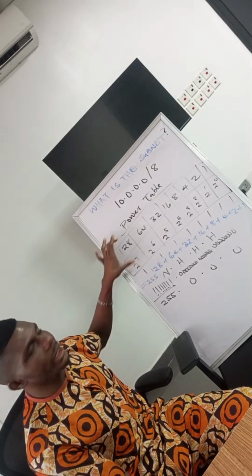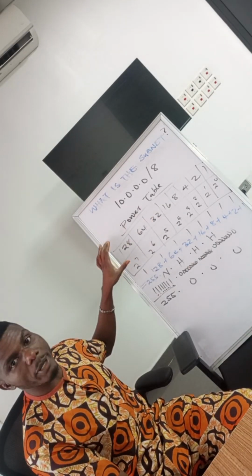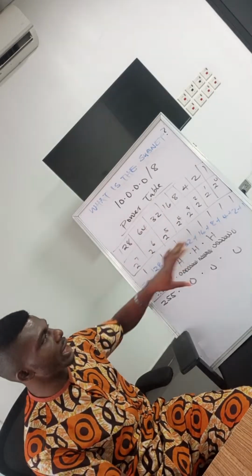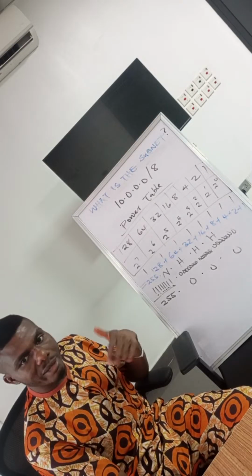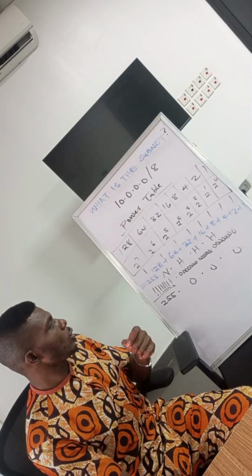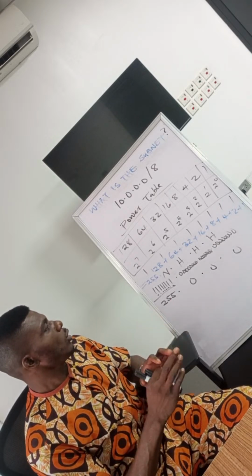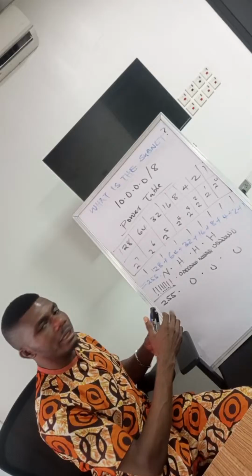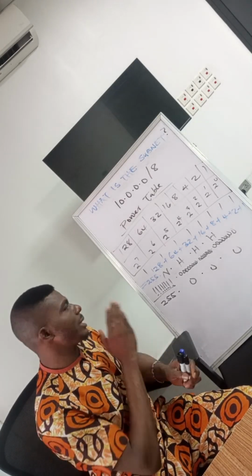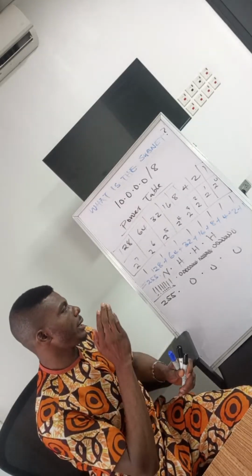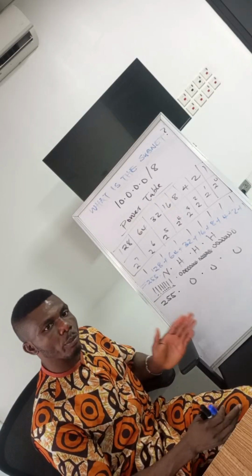You need to understand the power table. Once you understand the power table and the place values in terms of bit positions, we'll be working with the binary number system, which uses 1 and 0. IP addressing is divided into two, the network portion and the host portion.